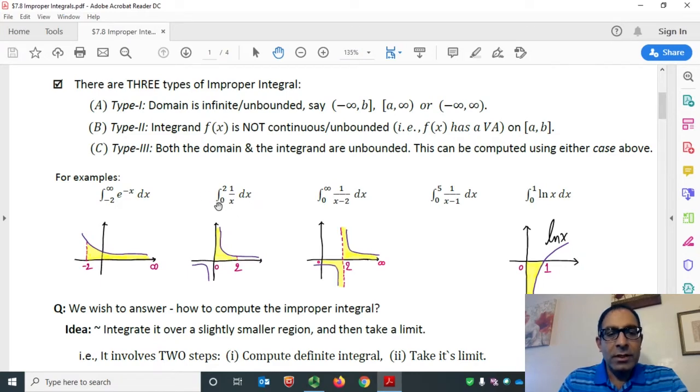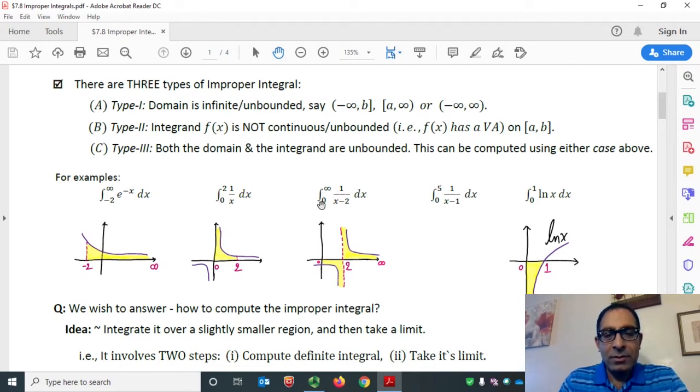Example 2, the integral of 1 over x from 0 to 2. Here our interval is finite, but the integrand function has a vertical asymptote at 0, so this is a type 2 improper integral.